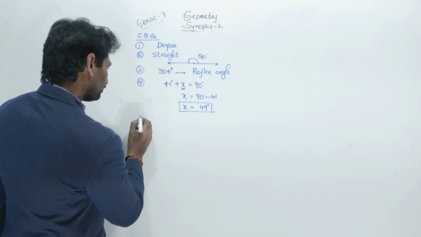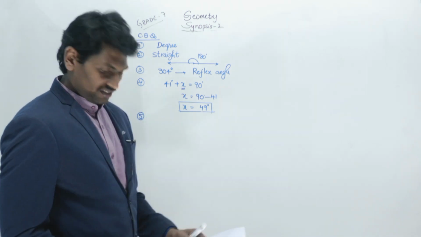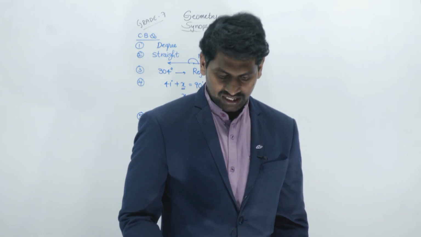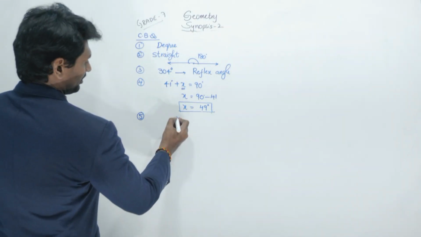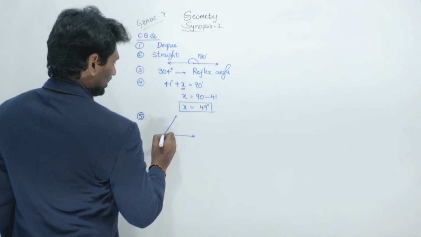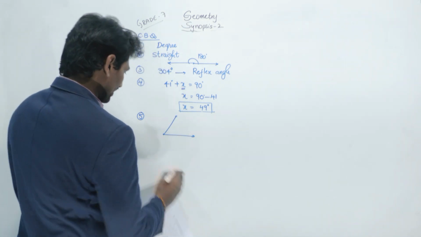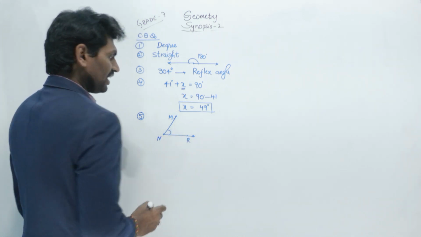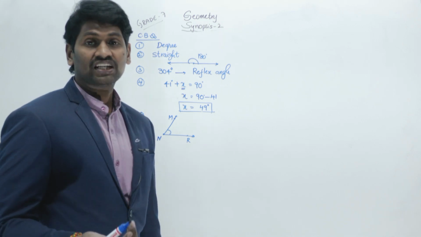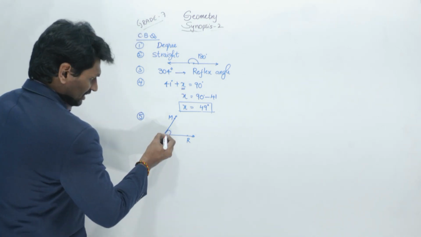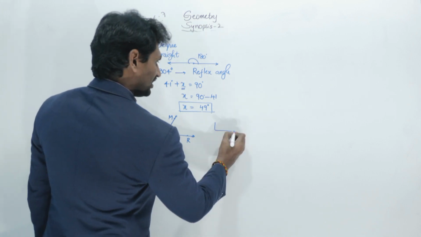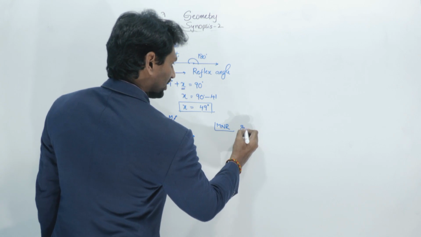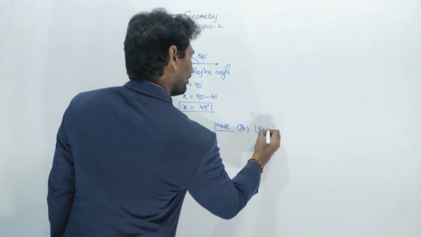Question number 5. One angle will be given in the diagram. While you are observing the diagram, there is an initial ray and a terminal ray, both given. Here N, M, R. Where is the angle located? The angle is forming at N. That means we can write this angle as MNR, or we can write RNM.